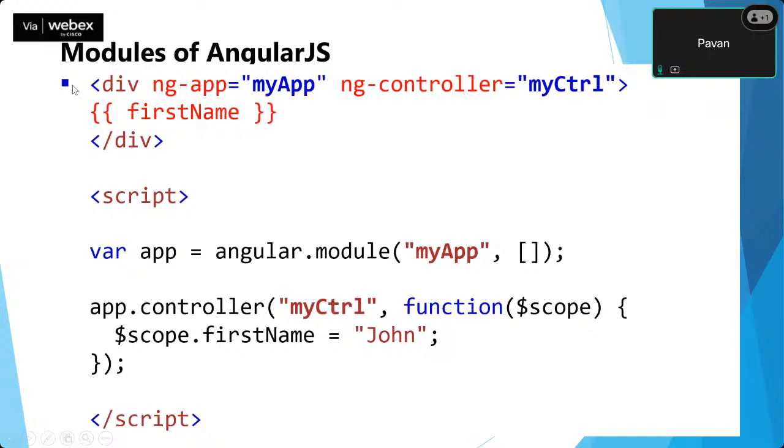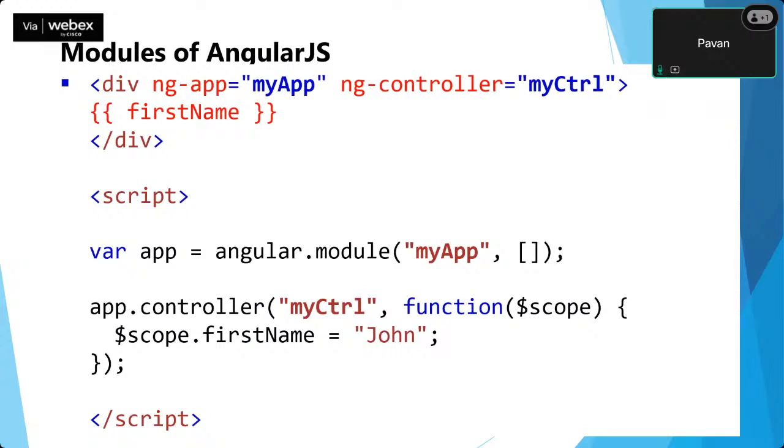Yeah. So as I said, inside the NG app, we have to write the name of the application. So here, instead of blank double quotes, we have a certain name that is my app. So this is the app name here. And after that, we have ng controller.